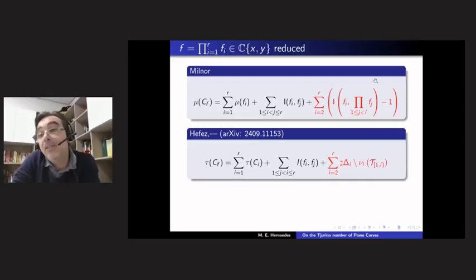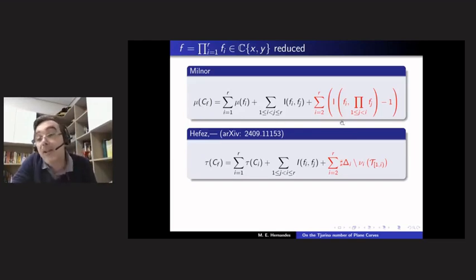it is a mystery, or a question, about each extra term here compared to the cardinality, because maybe we can obtain, for instance, that this part is greater than this one, and this one is less than, and we have some kind of compensation in order to obtain the Tjurina number less than the Milnor number.